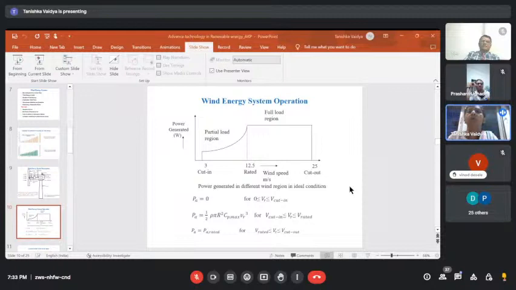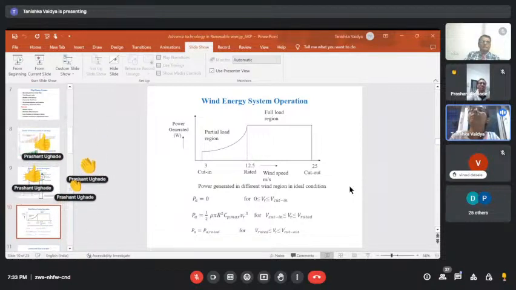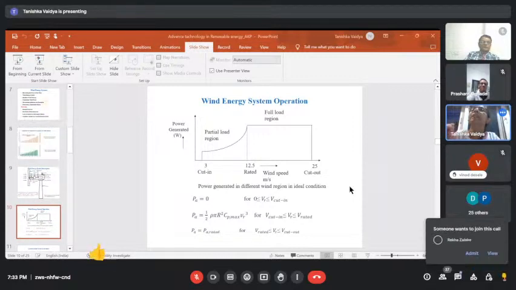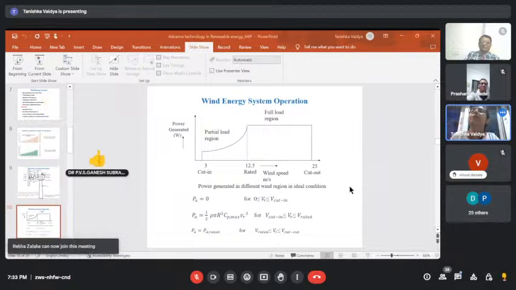And above rated, that is 12.5 to 25 meter per second, here we get the maximum output, but then we have to have good enough automation to run the wind turbine at optimum speed, because if the speed of the rotor is increased above rated speed, it definitely causes structural failure of the wind turbine.